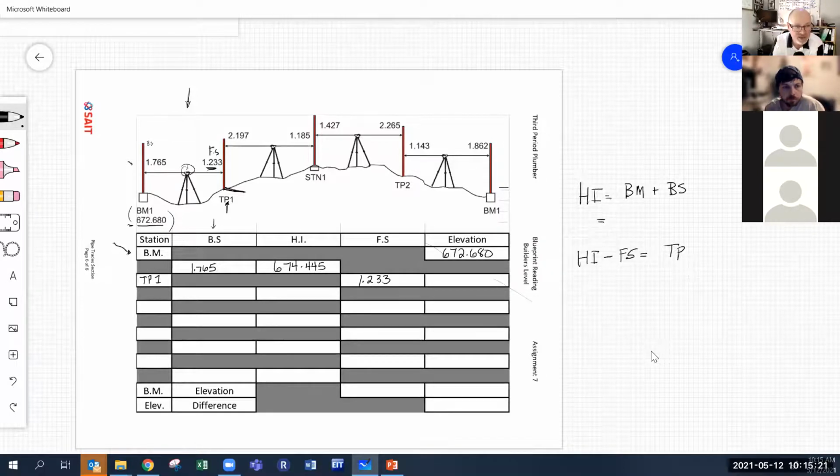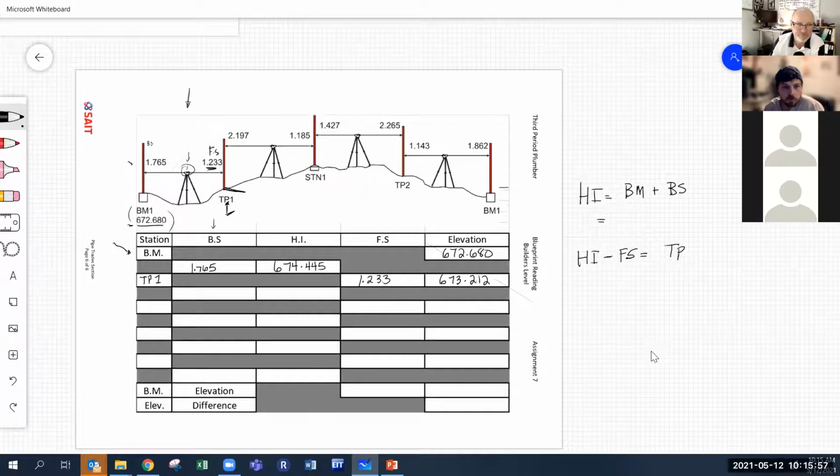So we take the height of the instrument, which was 674.445, and we minus the foresight off of it. So my elevation at turning point 1 is going to be 673.212. And now I have a new known elevation.